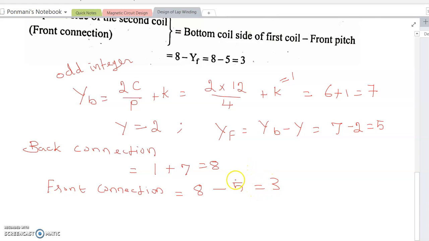So like that we have to continue this table, with the back connection and front connection. The next step is 3 plus 7 is equal to 10. Next, 10 minus 5 is equal to 5.